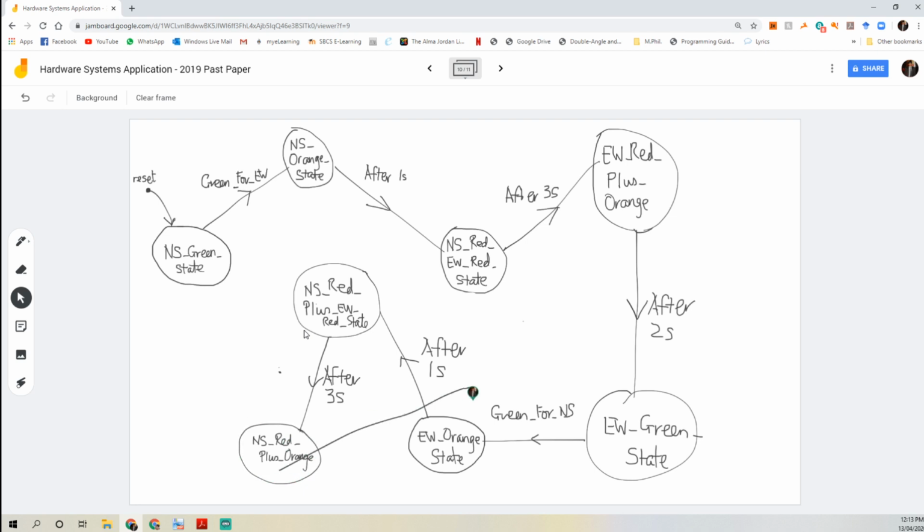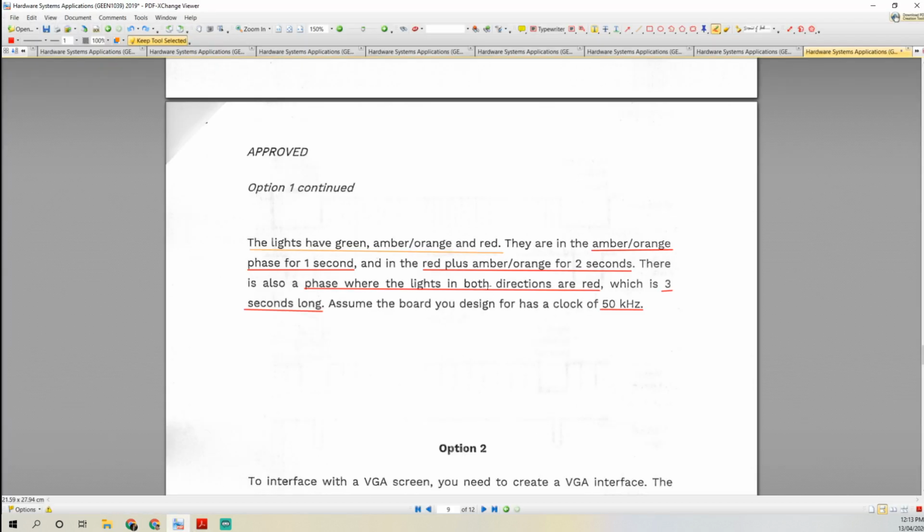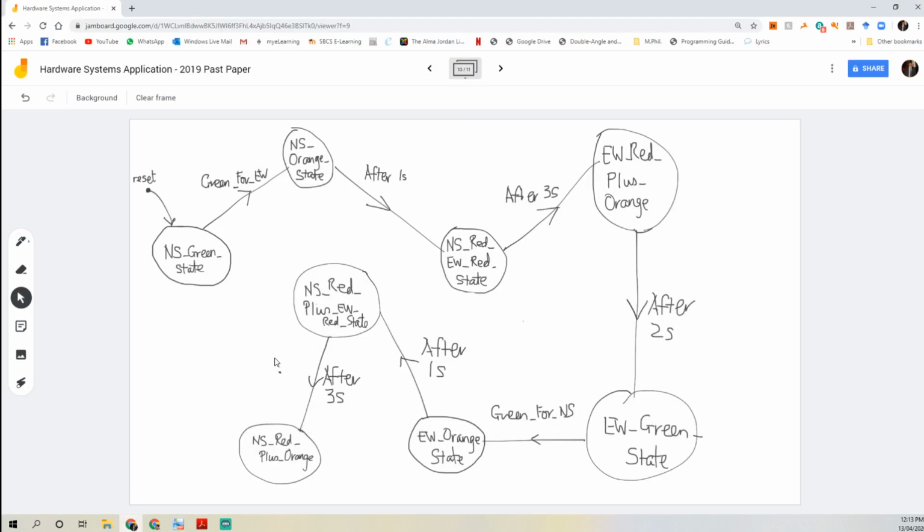Right, and when we are in that red plus orange state, it always lasts for, according to the question, red plus orange for 2 seconds. So after 2 seconds, that's when I'm going to transition into my north-south green state and kind of finish the full diagram here.